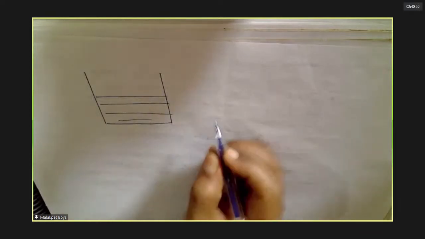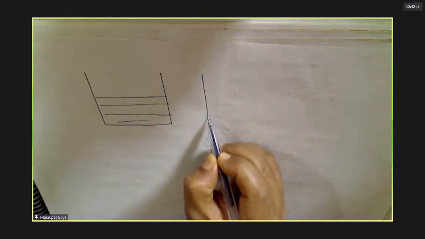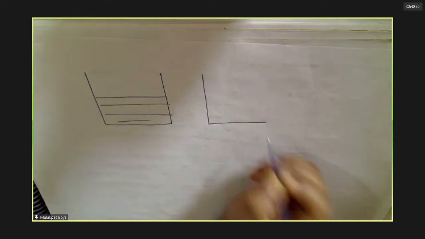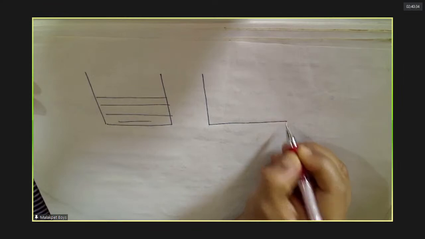See here, understand one thing. Suppose this is a volume and you are filling till here. This is a liquid now. When the vessel expands, you can see that there is an expansion in the vessel also.